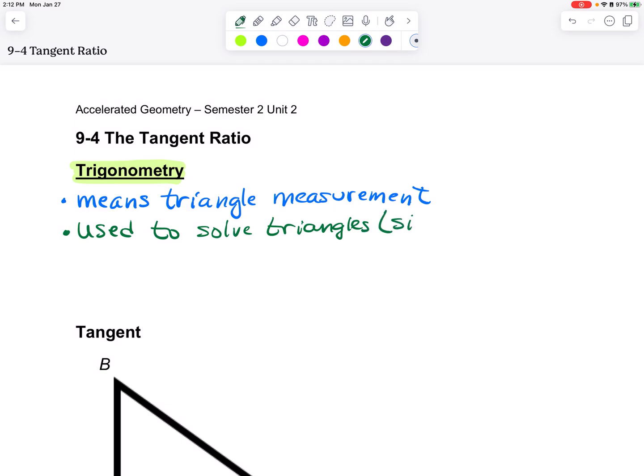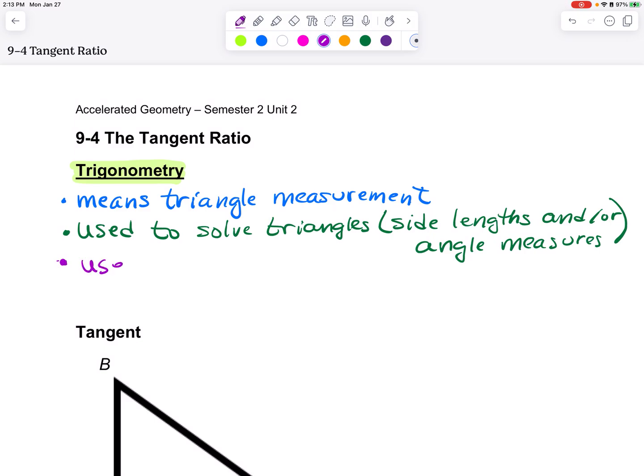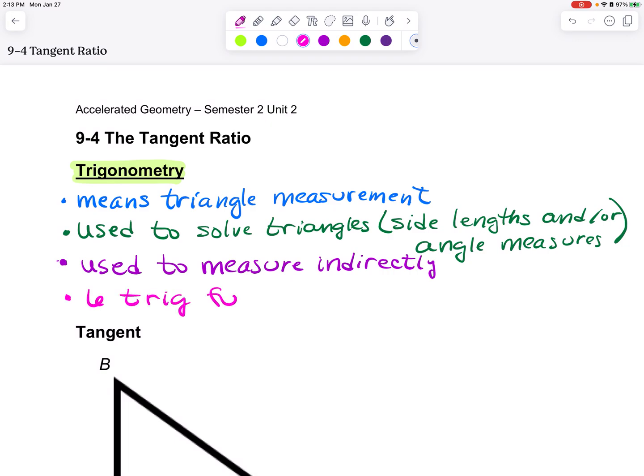That means all side lengths and or angle measures. We can use it to measure indirectly. Remember drawing pictures. And there are a total of 6 trig functions you will be learning.